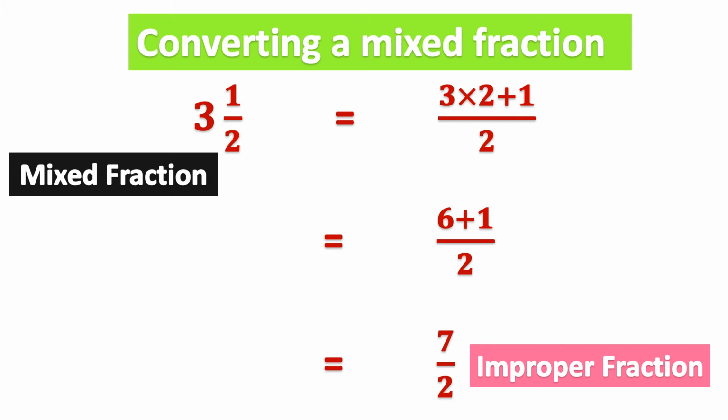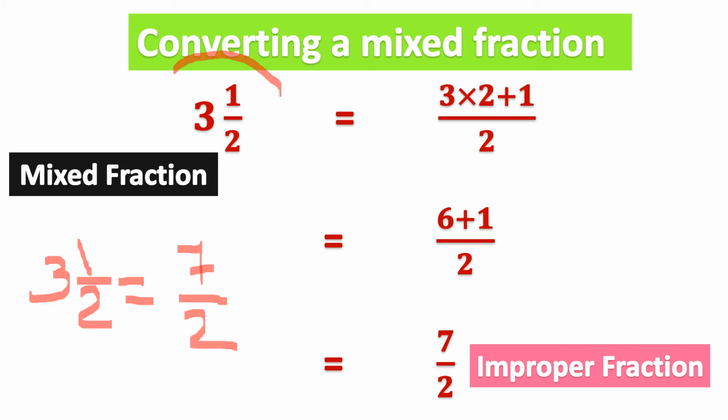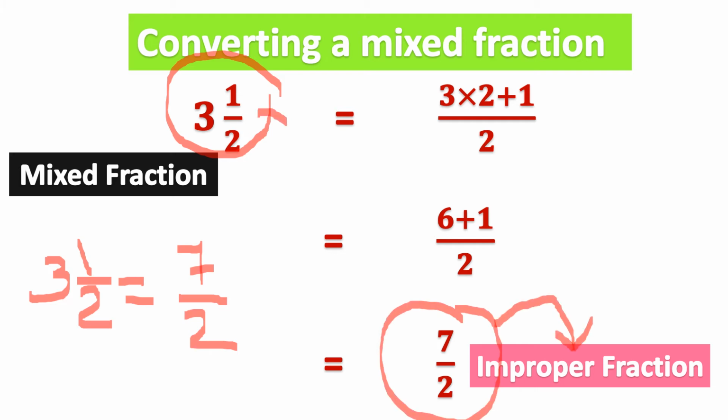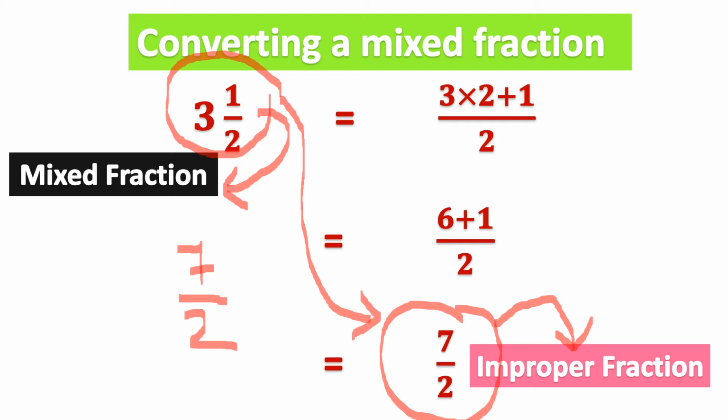So these two are equal. This is the improper fraction form and this is the mixed fraction form, right? So I converted this mixed fraction into a regular or normal fraction, which is an improper fraction, right?